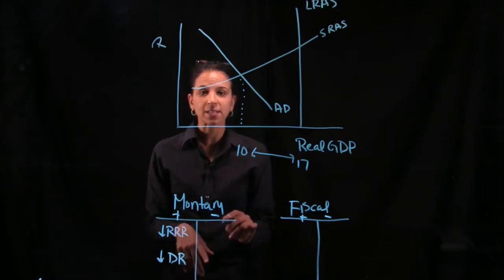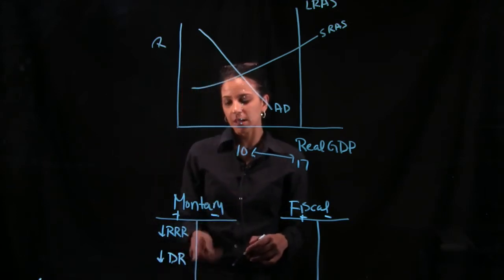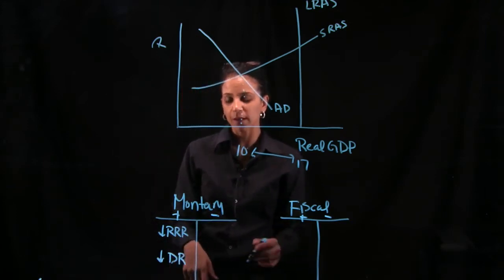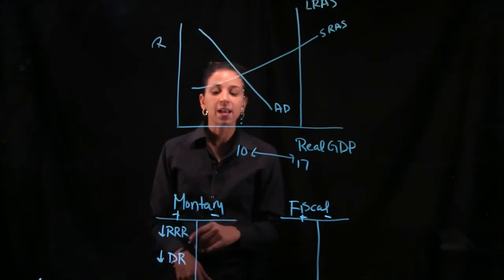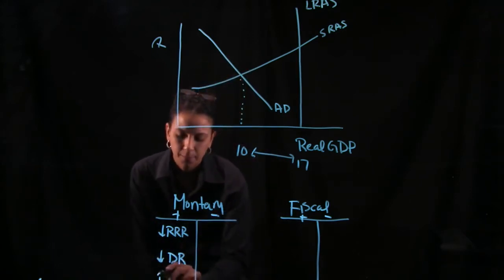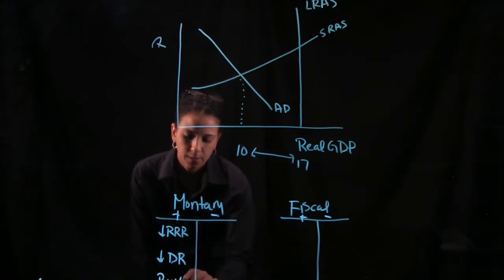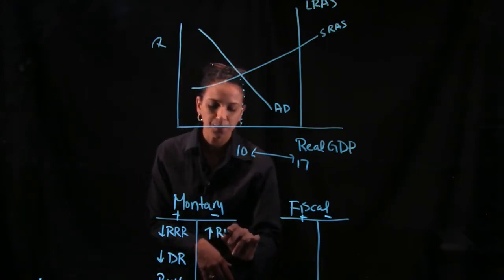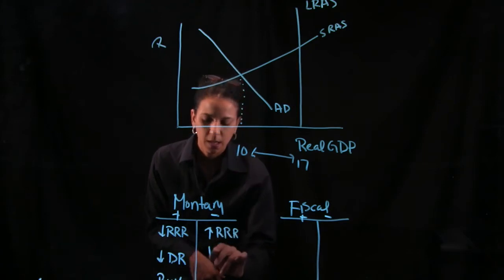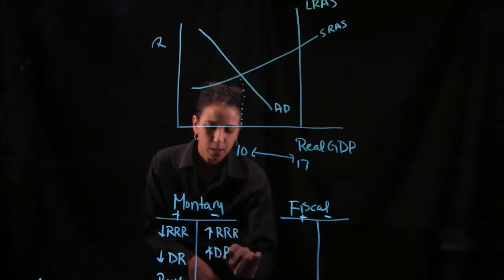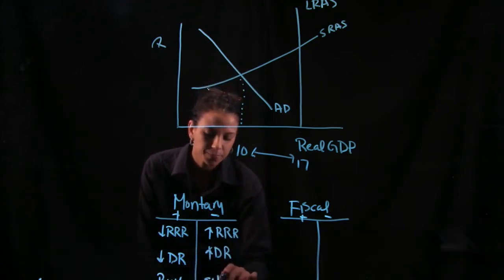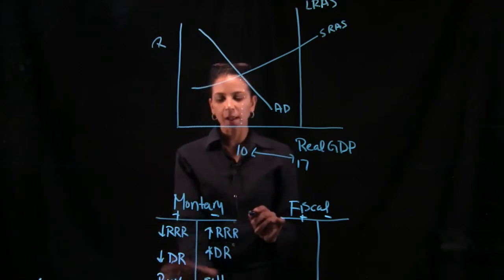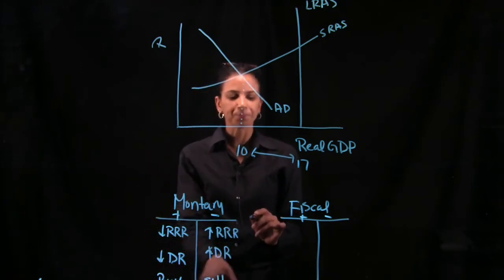Remember, the discount rate is nothing more than what the Federal Reserve loans to banks overnight. Or they can buy bonds. Therefore, contractionary policy would be to increase the required reserve ratio, increase the discount rate, and sell bonds. All right? This is monetary policy. It has to do with the money supply.